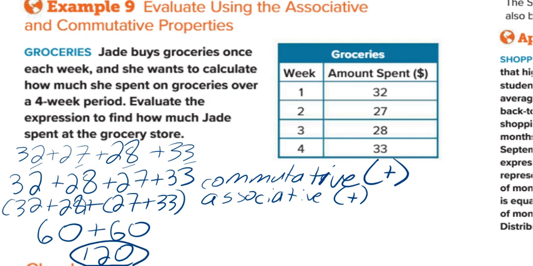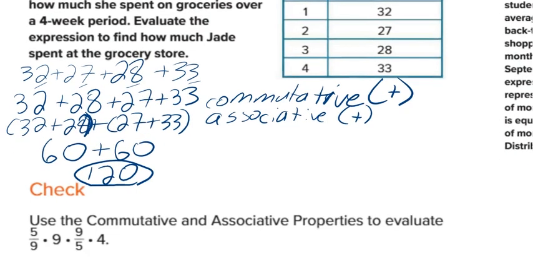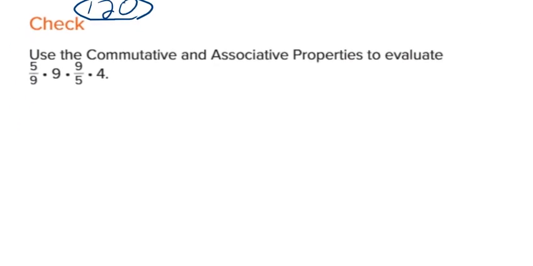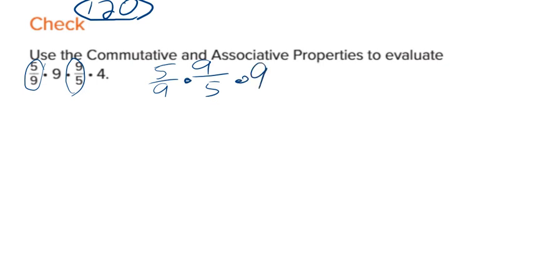So I would put 32 plus 28 in parentheses, and then 27 plus 33 in parentheses. So 32 and 28 is 60. 27 and 33 is 60. And then 60 plus 60 gets us a final answer of 120. So it's just nice to be able to use these properties to make this math a little bit simpler and faster to do in our heads.